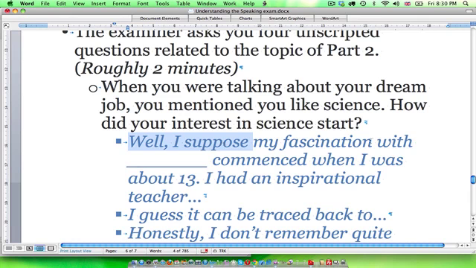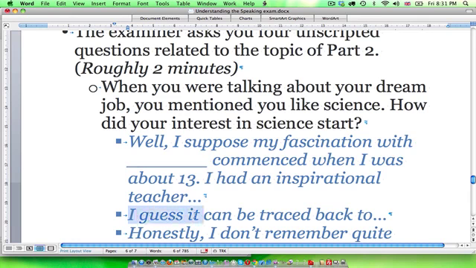Well, I suppose my fascination with, see, I can stretch these out and it gives me a bit more time to think, and it makes it so that the examiner doesn't feel I'm being awkward, or that I'm pausing, or that I'm creating any sort of interruption in the flow of my speech. Okay, so don't be shy to pull these out a little bit if you need the time.